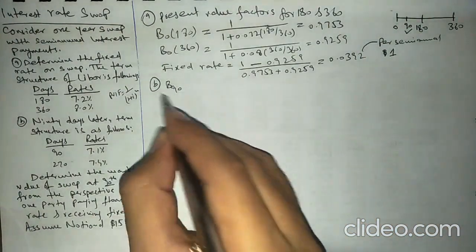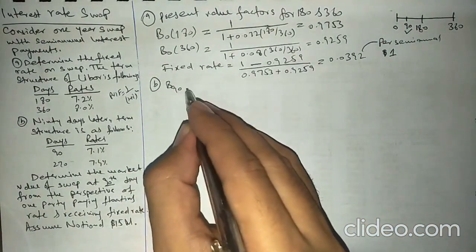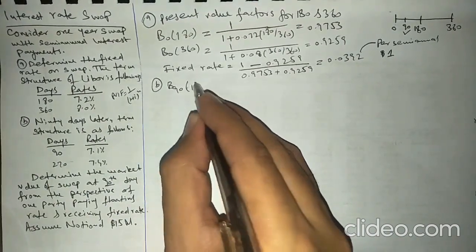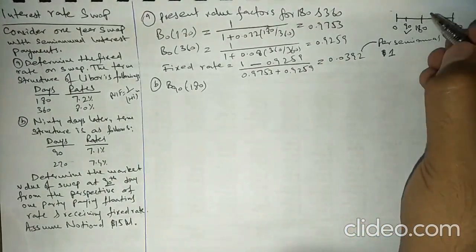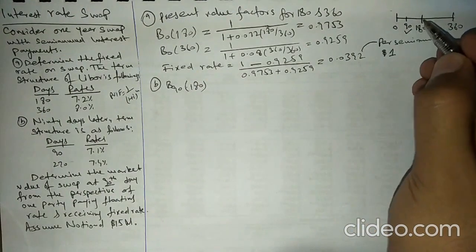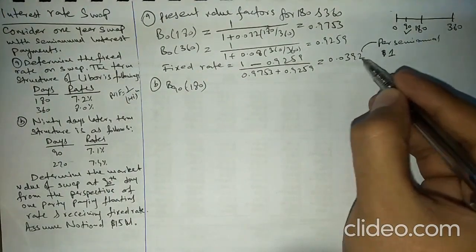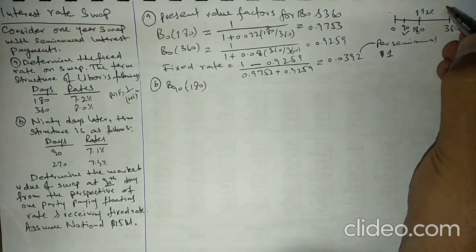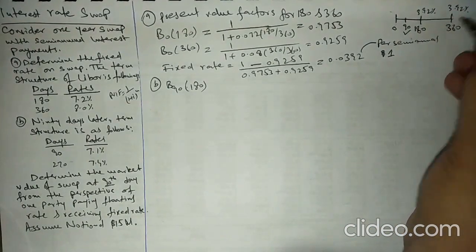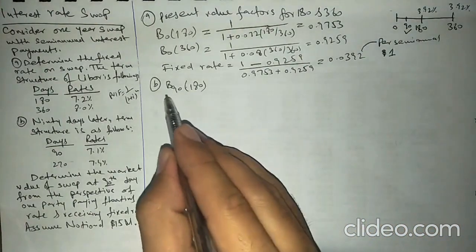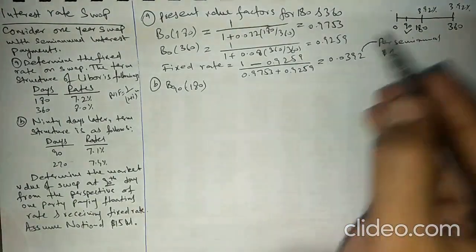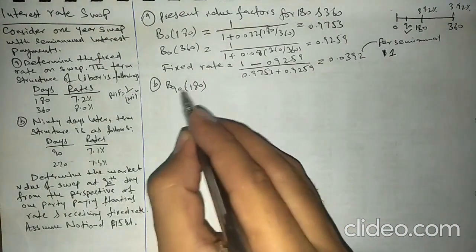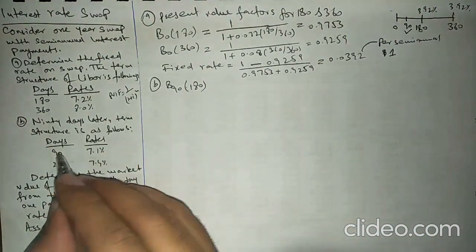To calculate the value at the 90th day, first of all we will calculate a present value factor at the 90th day. So if we go for a swap agreement and one party will pay 3.92% interest at the 180th day and 3.92% at the 360th day. So in this B requirement, first of all we will calculate a present value factor for these 90 days.